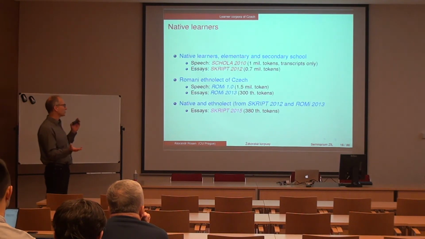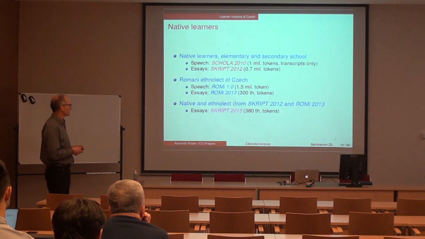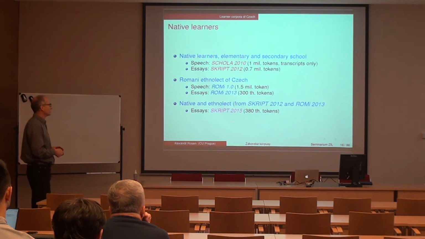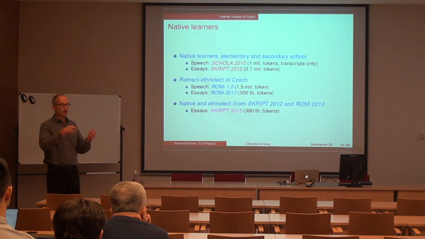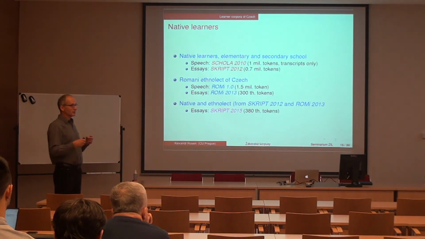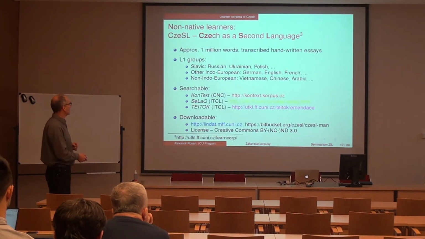So half is Romani and half is native, like properly native. It's difficult to talk about this, and this is searchable in a new tool that's not context, and it's called Tatok, and I will tell you a bit more about that.